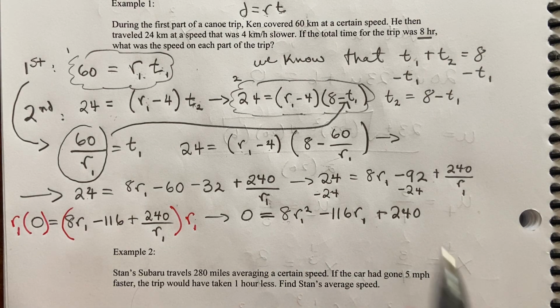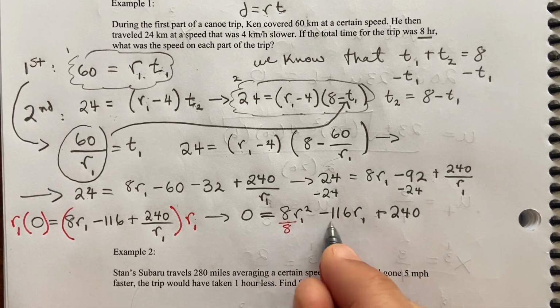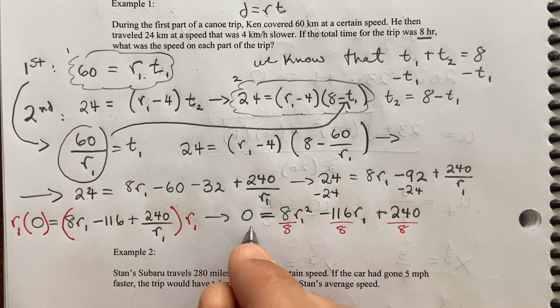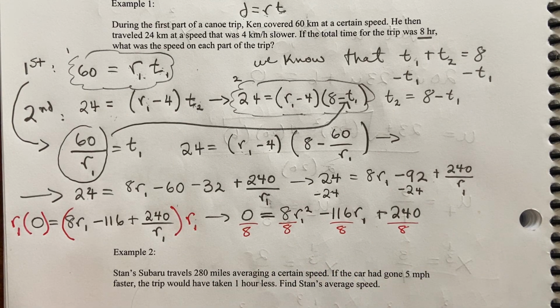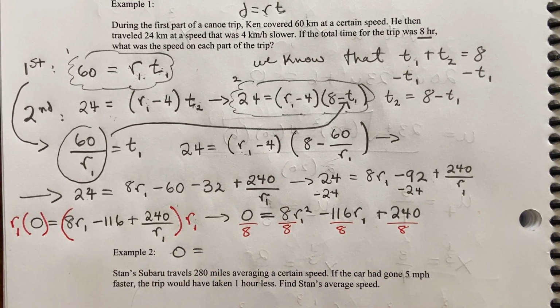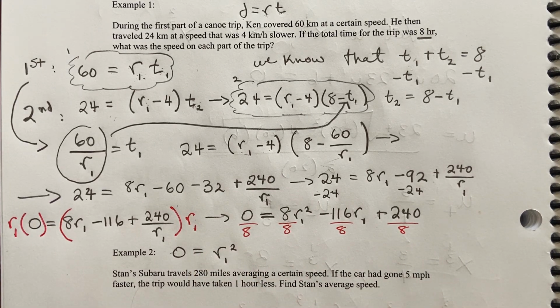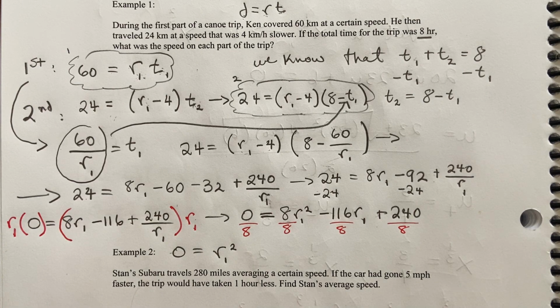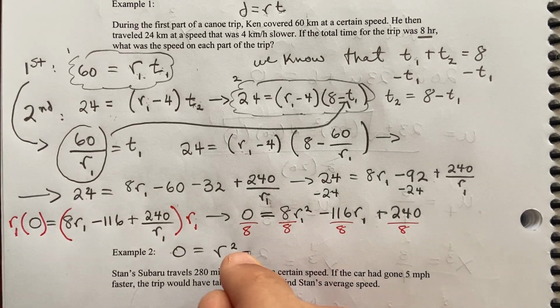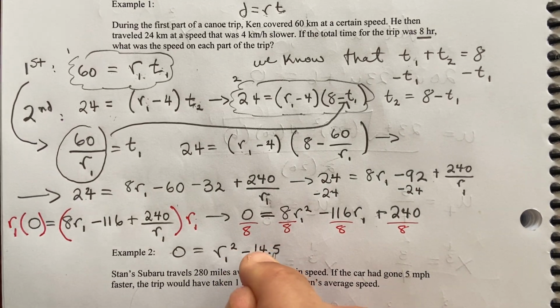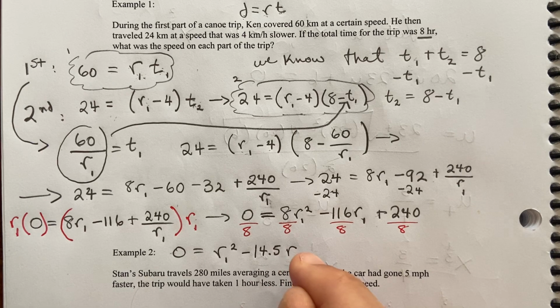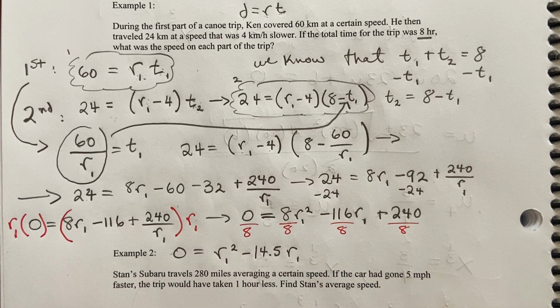So let's go ahead and divide out by 8 everywhere. So I'm getting 0 equals R1 squared. Negative 116 divided by 8 is negative 14.5 R1. And then 240 divided by 8 is 30.